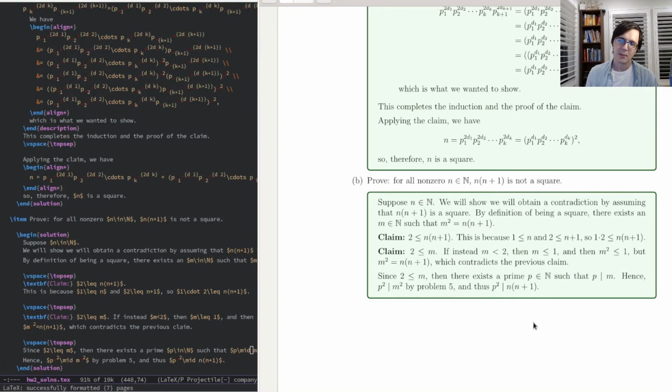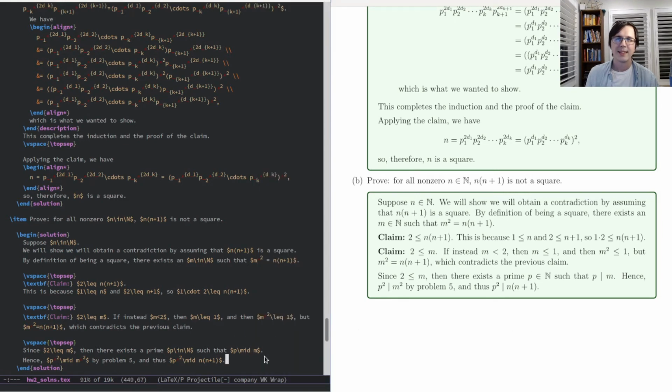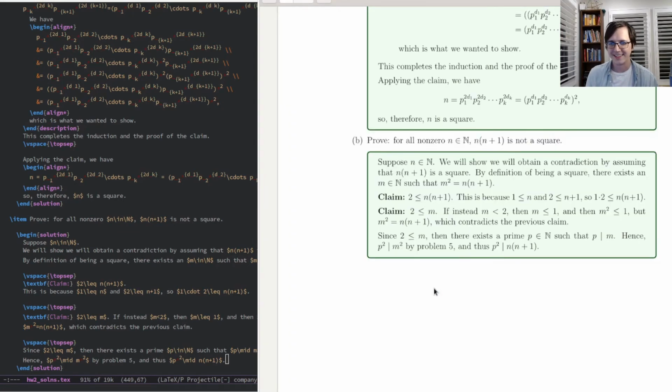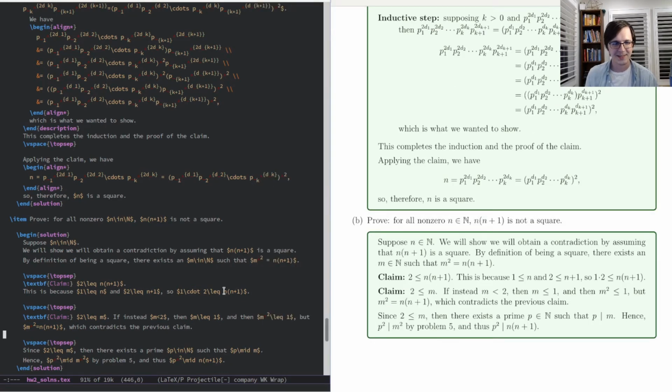Huh, okay, maybe we can use the previous problem. This is making it look like I have no plan when I make these, but I do. It's just, it's been a week. So maybe this is what I had in mind the whole time.